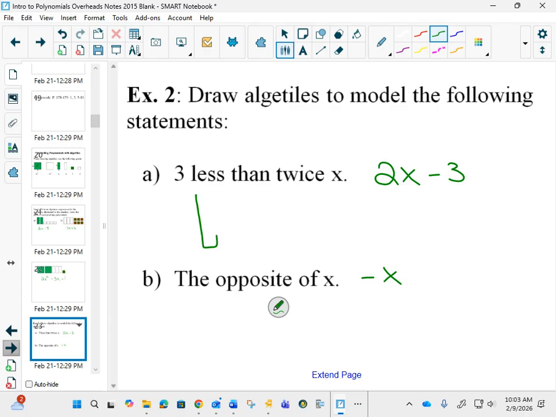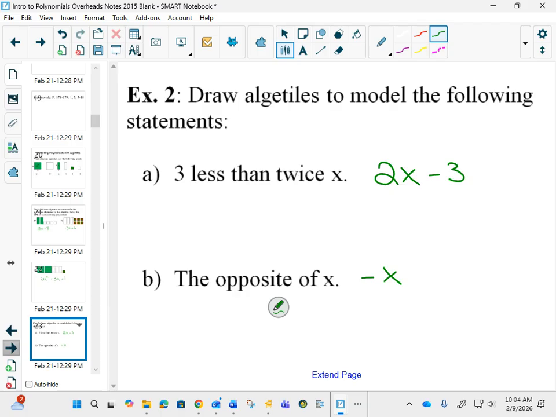Okay, check your drawing. So hopefully, let me just double check. Did you draw before? No, some of you haven't. Okay, I gotta erase this. Your job was to draw it first. I don't see drawings on a lot of yours. The 2x minus 3. I want you to draw the Algetiles, shade what you want.